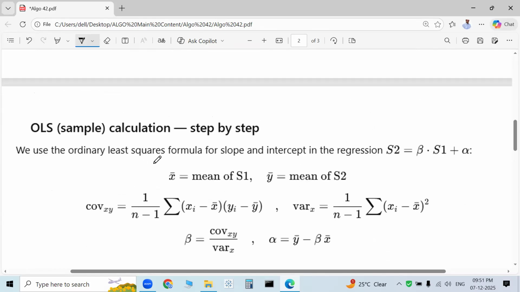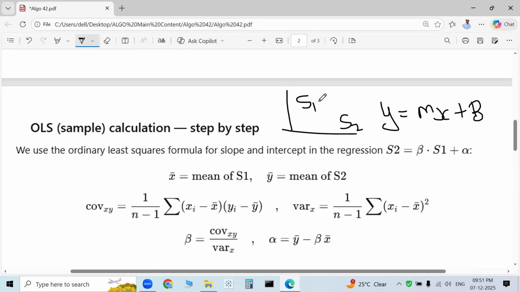Now next, let's try to understand. We write the equation like this: y equals mx plus b. This is basically the straight line equation, because we have stock number 1 and stock number 2, and the straight line between both of them has a slope, and the bias is also considered.